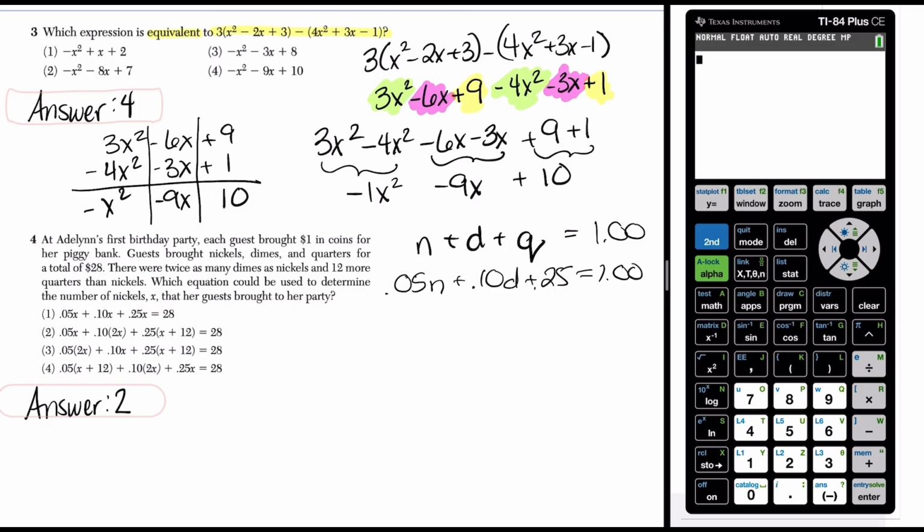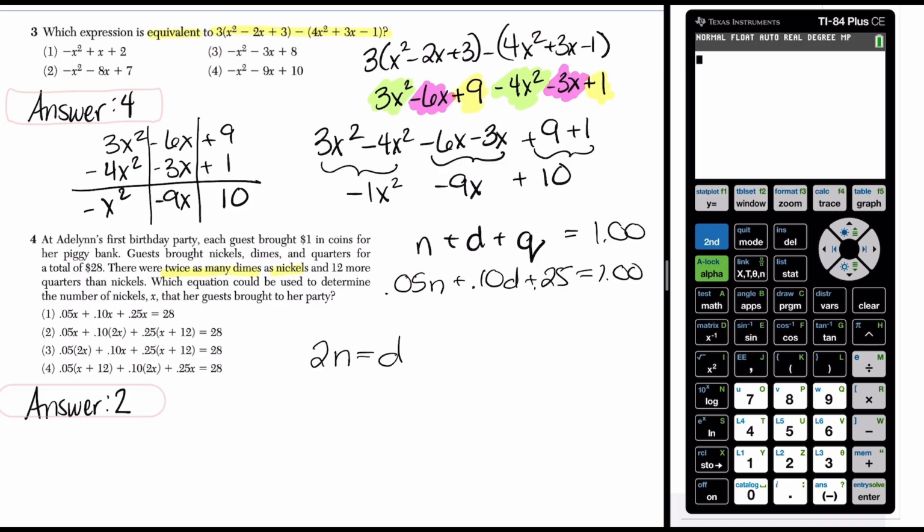We know there are twice as many dimes as nickels. So I know I have 2 times as many dimes as there are nickels. So why am I writing it like this? I want you to think about this. 2 times as many dimes as nickels.